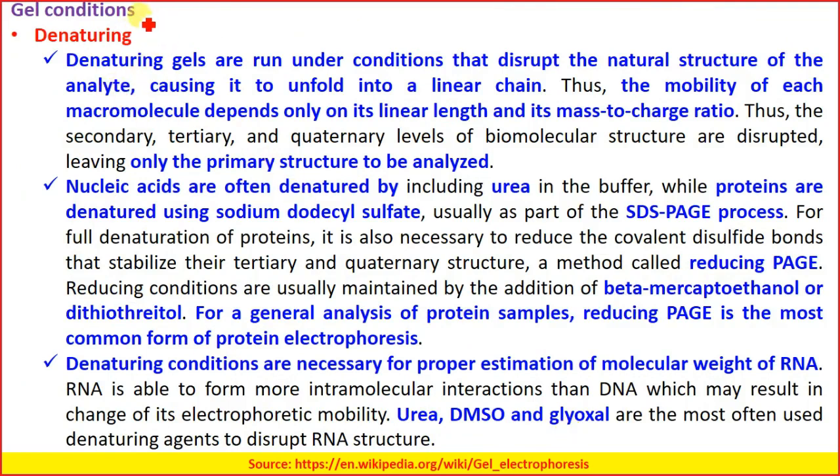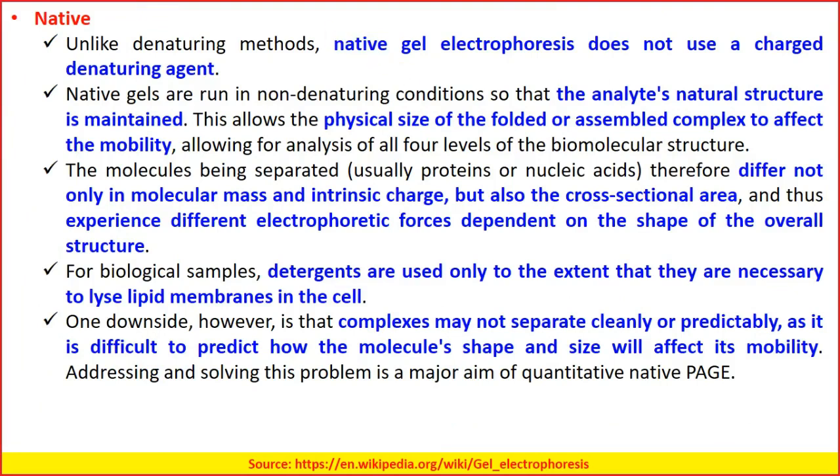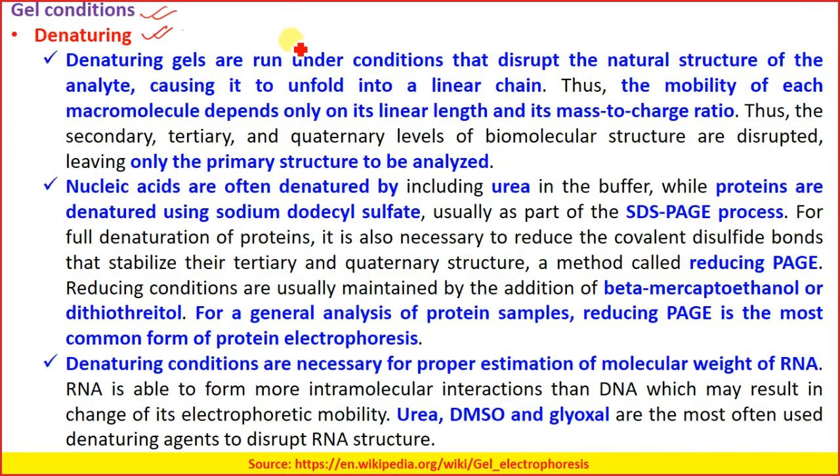Now gel conditions can be of two types. Denaturing: as I said, polyacrylamide gels are used for proteins, which means the proteins are denatured. As we all know, proteins have secondary and tertiary structure.